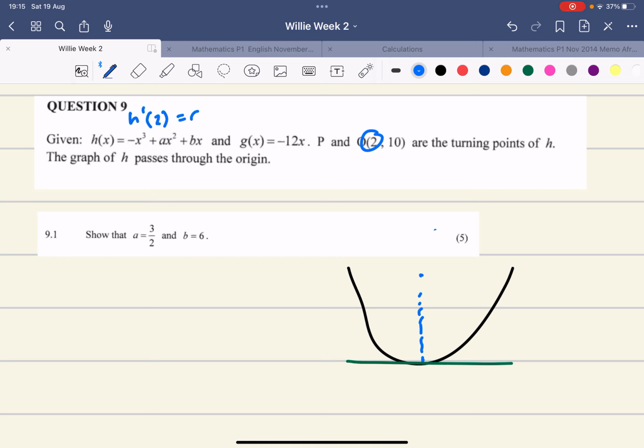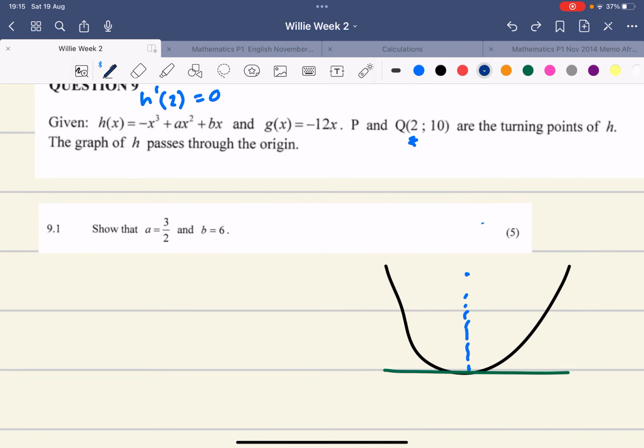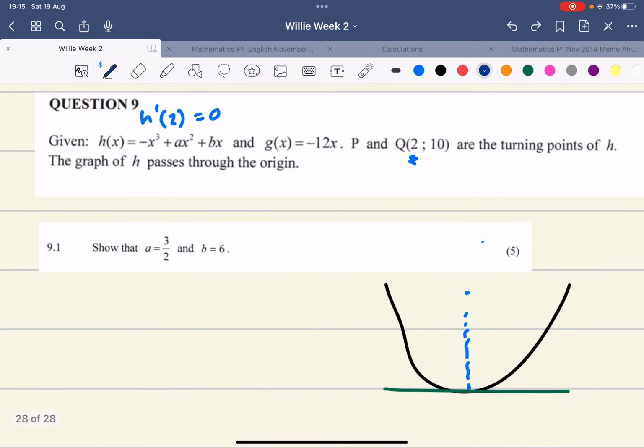We also know that where x is equal to 2, the original function h is going to equal 10. Its y value is going to equal 10. So we've got two equations and two unknowns, so we're just going to solve simultaneously. That's really all we're going to do. Okay, so h of x is equal to minus x cubed, so let's plug everything in.